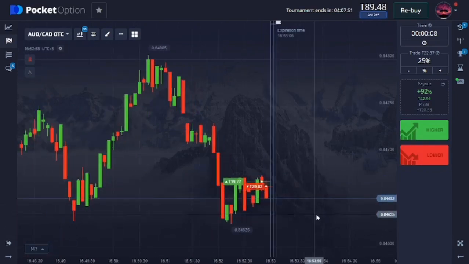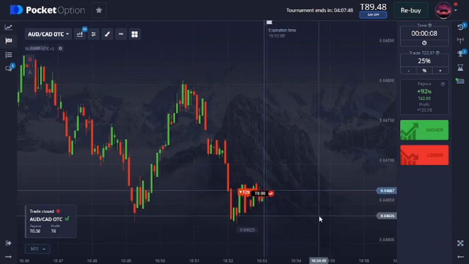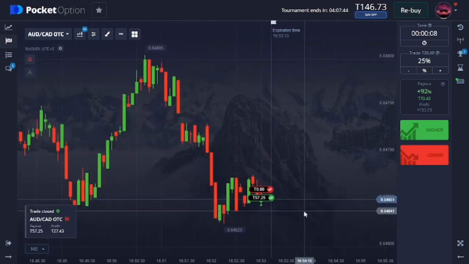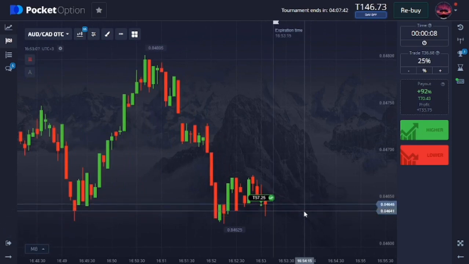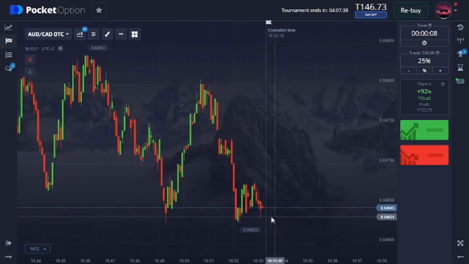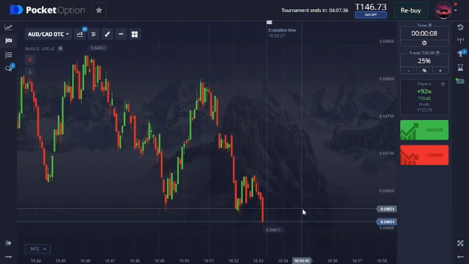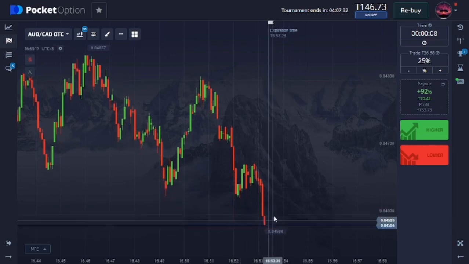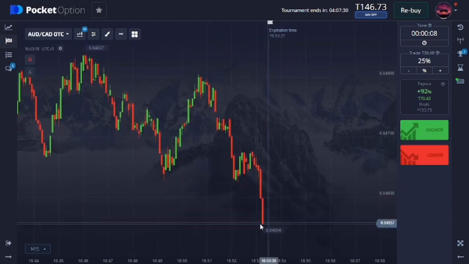Okay, I think it is in a down trade. Perfect, we got it. We are still in there. So I want it to trade back to the gap.